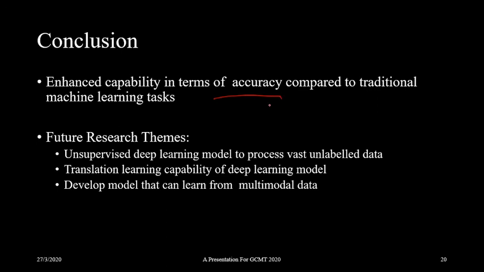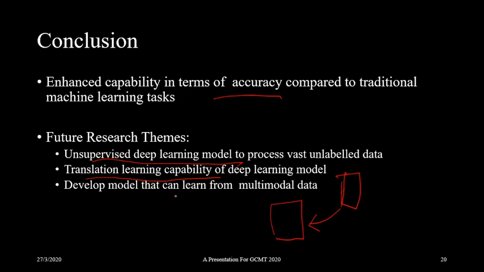There are a lot of use cases, and there are three future research directions. One, we need a better unsupervised learning model. Two, transfer learning capability, because building a deep learning model needs a lot of time and resources. It would be good if I build one model for one task and it can also be used as a base to perform another task.